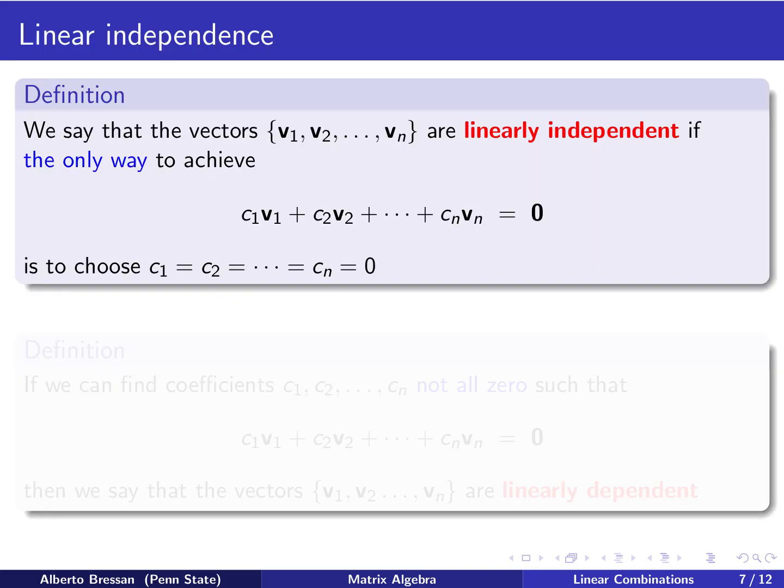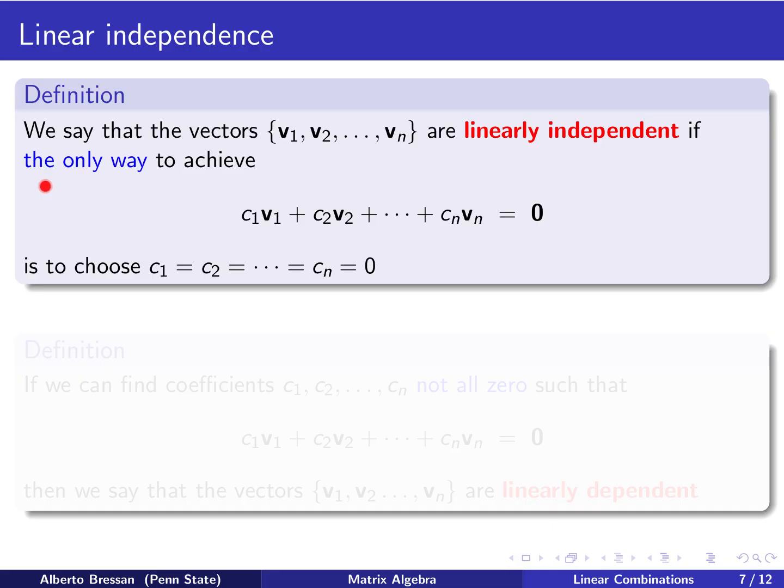So the linear combination now leads to a definition, a very important one, called linear independence. It's the following. We say that if we have a group of vectors V1, V2, ..., Vn, we call that they are linearly independent if the following is true.